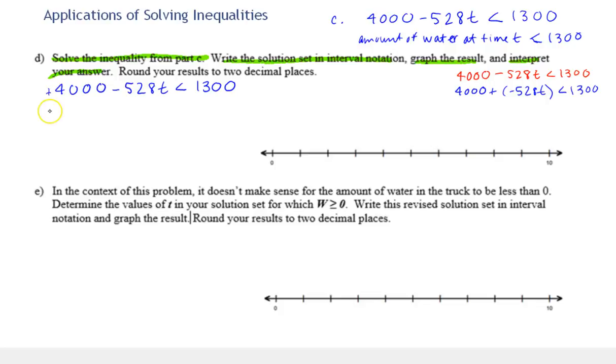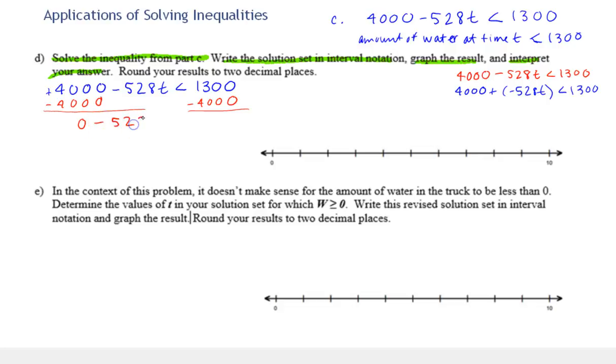We need to subtract it, not multiply or divide it, because of the way they're connected via subtraction. So I'm going to subtract 4,000 from both sides. And now on the left-hand side, I'm going to write the 0.